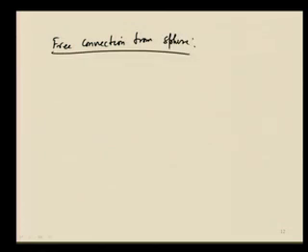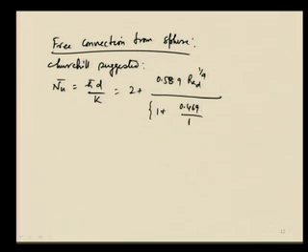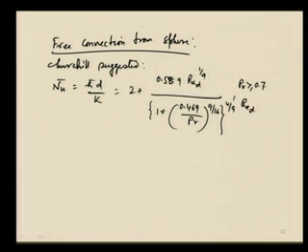In this situation, Churchill has suggested the relationship that Nusselt is equal to h bar d by k, and this is equal to 2 plus 0.589 Rayleigh based on diameter to the power 1/4 by [1 plus (0.469 by Prandtl) to the power 9/16] to the power 4/9, where Prandtl is greater than or equal to 0.7, and Rayleigh based on diameter is less than or equal to 10 to the power 11. So, this is another free convection situation from sphere.